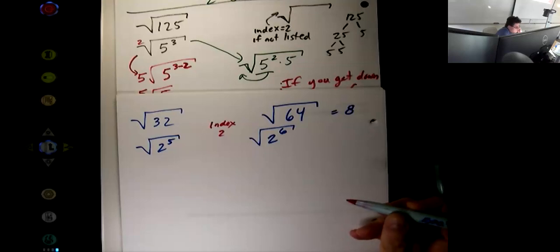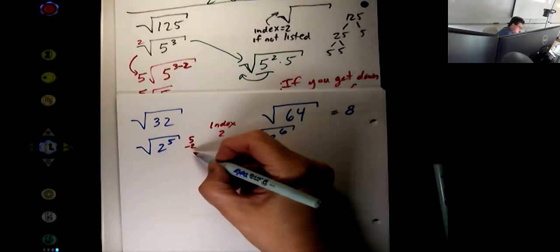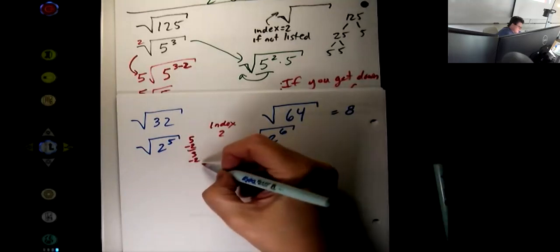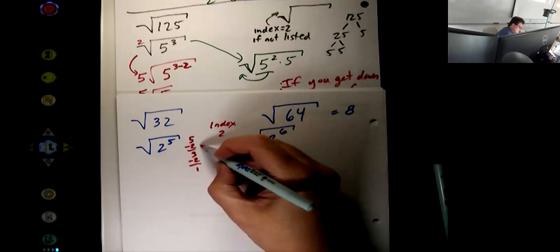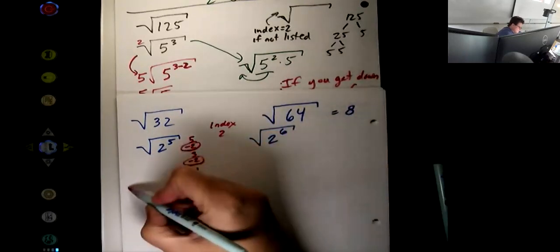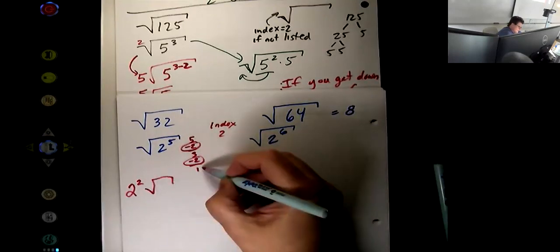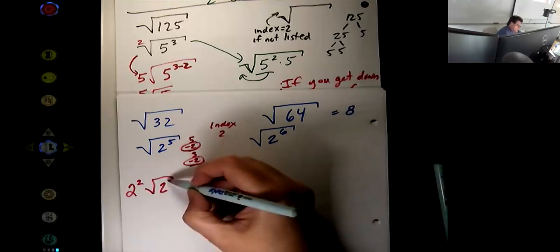So on the left one, I do 5 minus 2, which gets me a 3. I can do another minus 2, which gets me down to 1. I can pull out 2 2s, so a 2 squared outside, and I have 1 2 left, so a 2 to the first power on the inside.